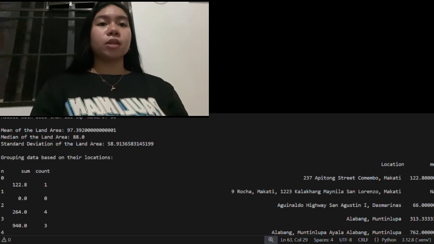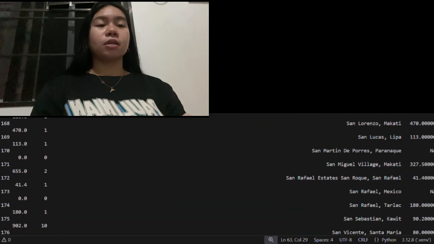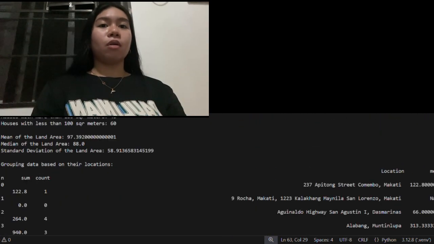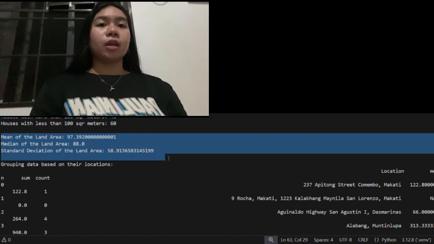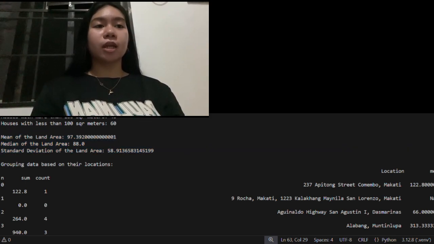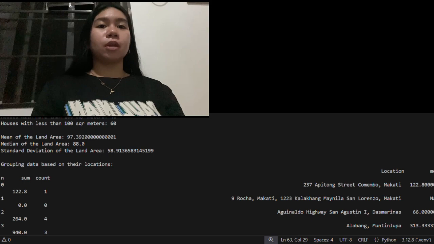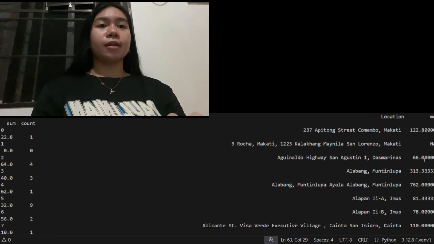Half of the properties are below the median, and the other half are above it. Then the standard deviation was 58.91 square meters. So there is noticeable variation in land sizes, sir, because some of the properties are very small while others, especially in high-end areas, are bigger than average.